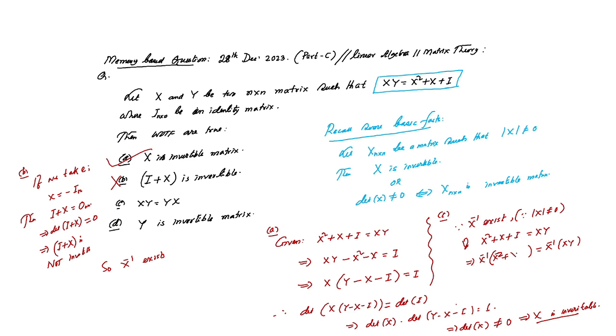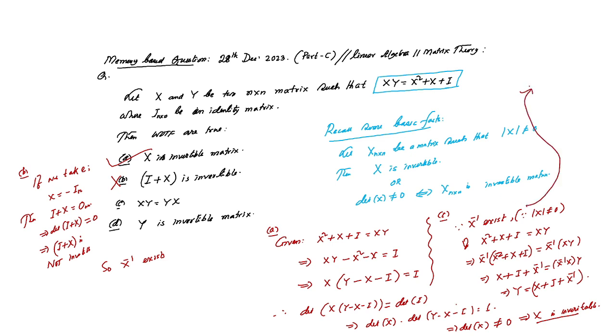So that will be X plus I plus X inverse, by applying the associative law. So what will be your Y? Your Y is X plus I plus X inverse. So this is our Y.